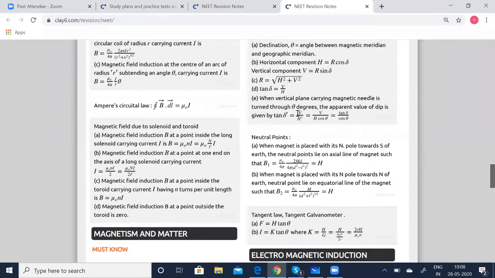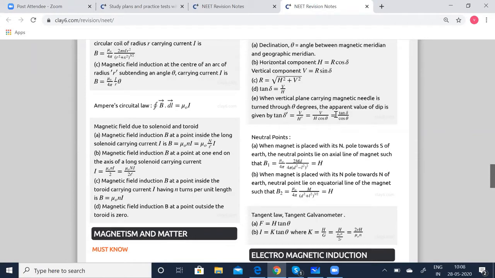So when we turn the magnetic needle through an angle theta, then the apparent value of dip is given by tan delta dash is equal to V by H dash, because the H is going to differ. So the new H can be represented by H dash. So tan delta dash is equal to V by H dash, which is equal to V by H cos theta, where H dash is equal to H cos theta.